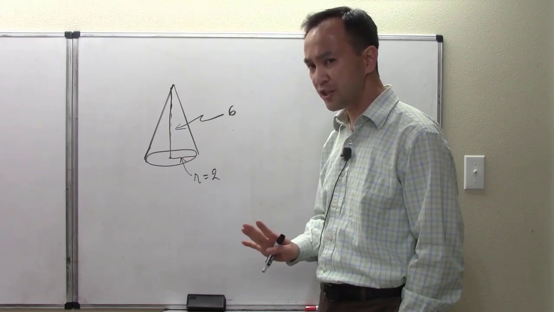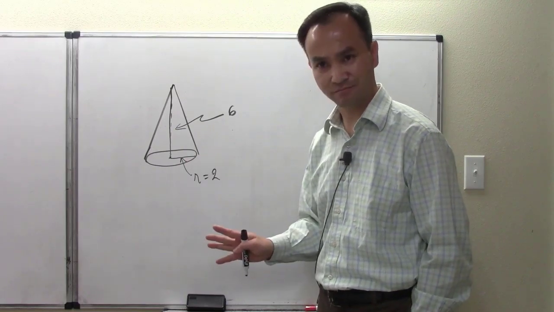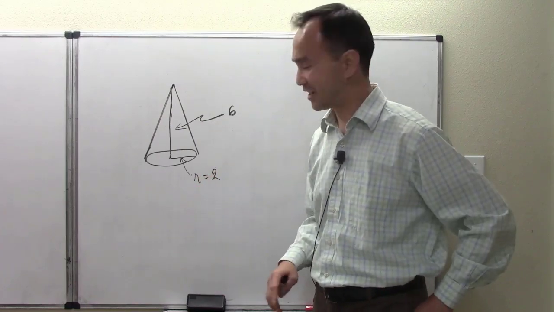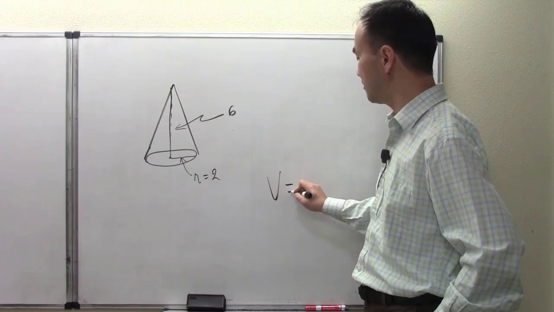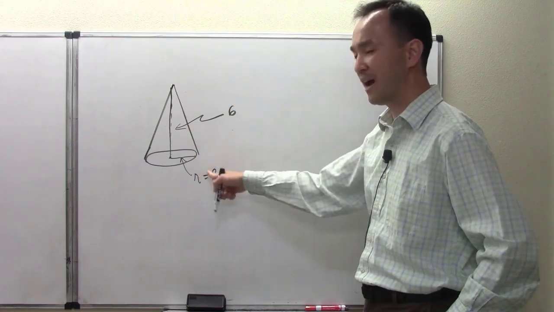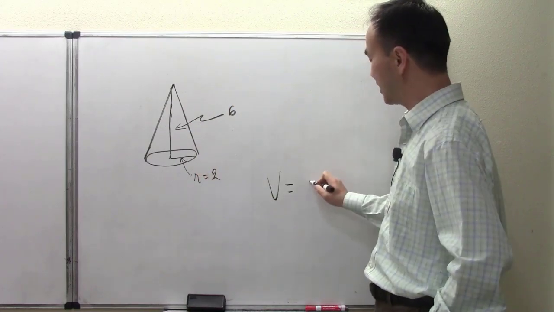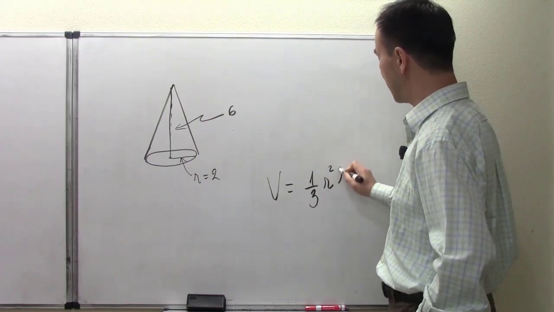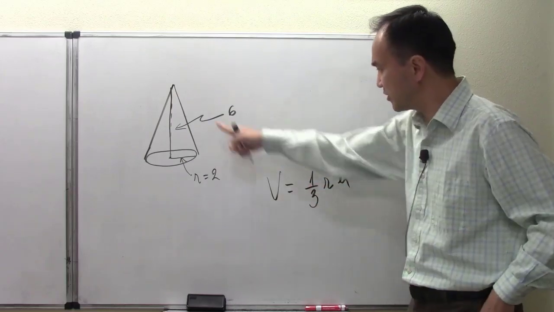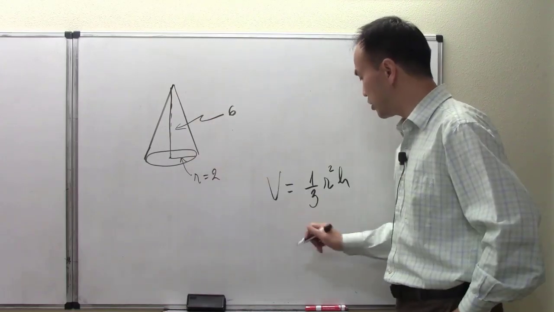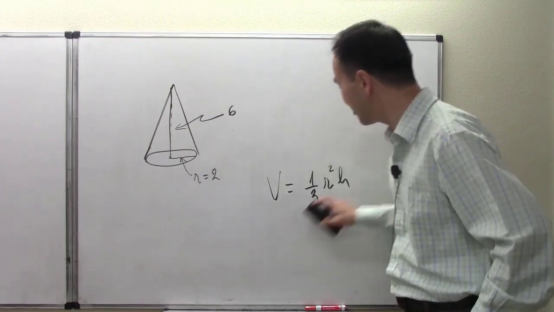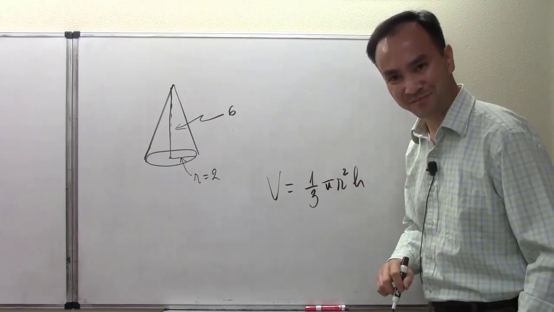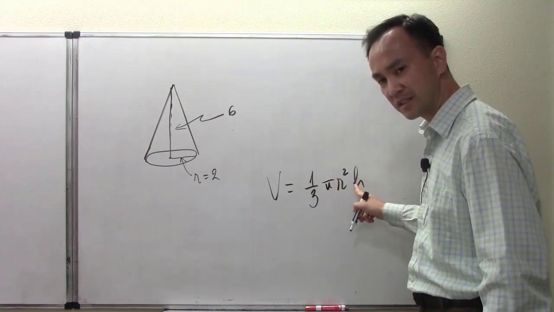For anyone who just got out of high school geometry, this problem is completely within your reach, because the volume of any right circular cone like this one is simply one third times pi r squared times the height. Sorry for my little mistake. So 1/3 pi r squared times h.